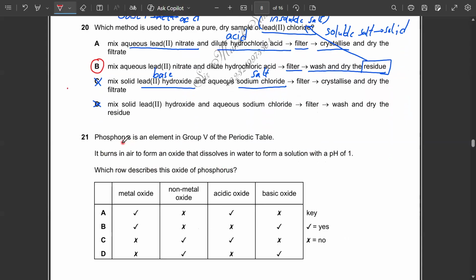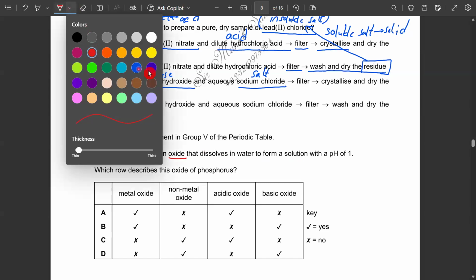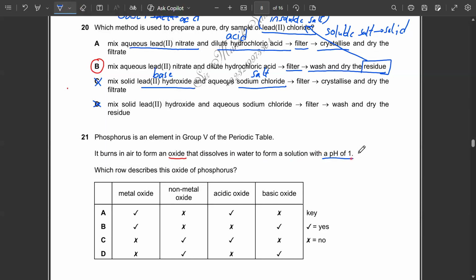So here, if phosphorus is forming an oxide which, when dissolved in water, produces an acidic solution, we remember pH value 1 indicates a very strong acidic medium, a strongly acidic solution. So it shows that phosphorus is definitely present on the right side of the periodic table, because phosphorus will be considered to be a non-metal.